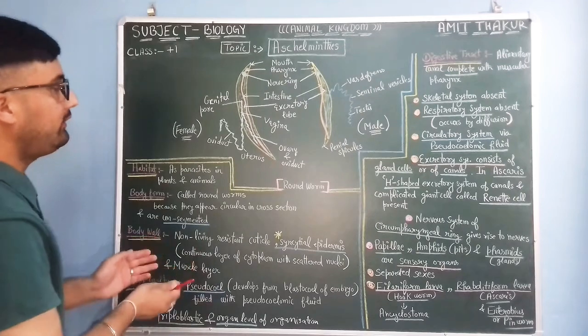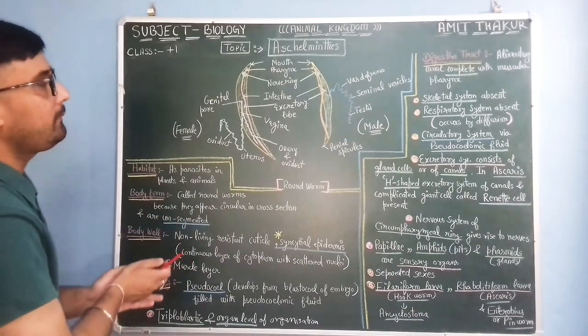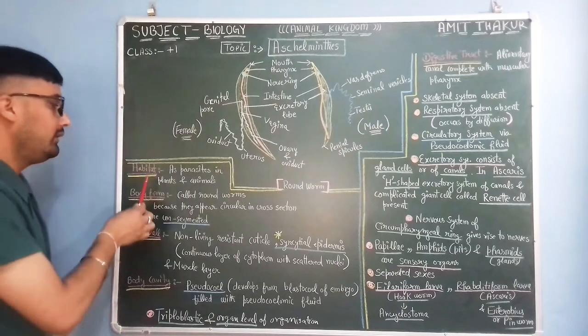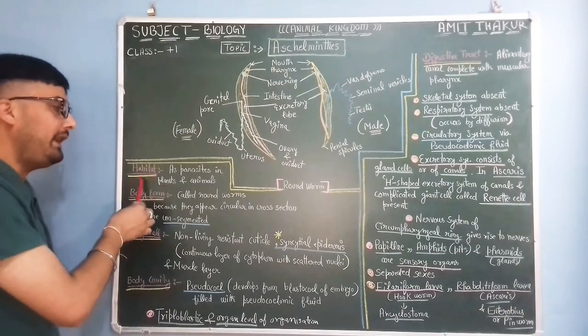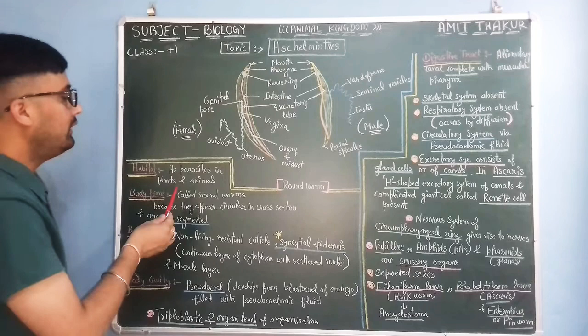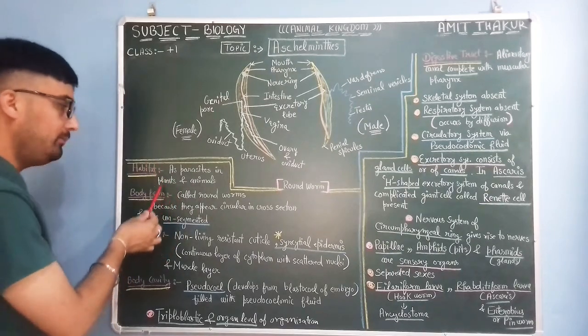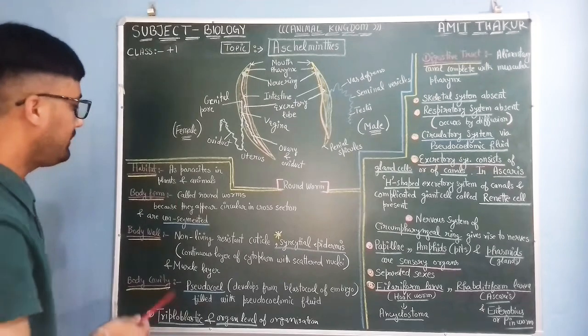So let's discuss the characteristic features of the phylum Aschelminthes. When it comes to habitat or their nature, they exist as parasites in plants and animals.